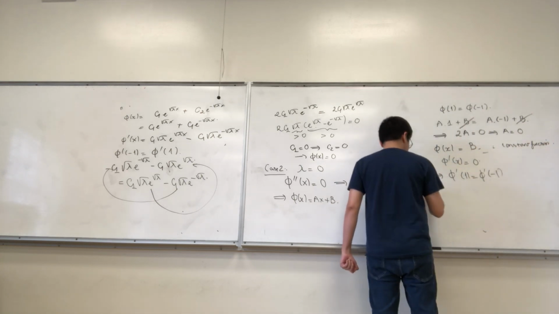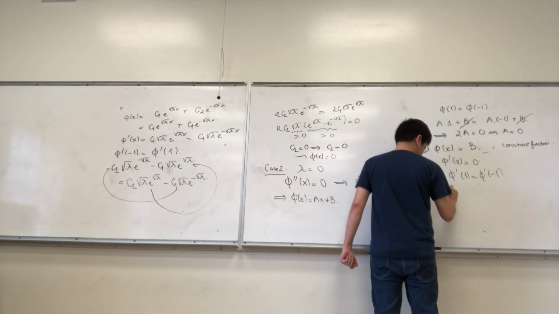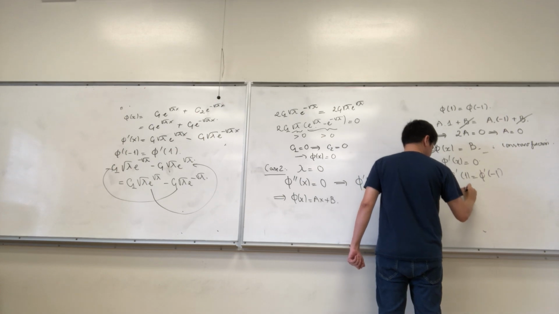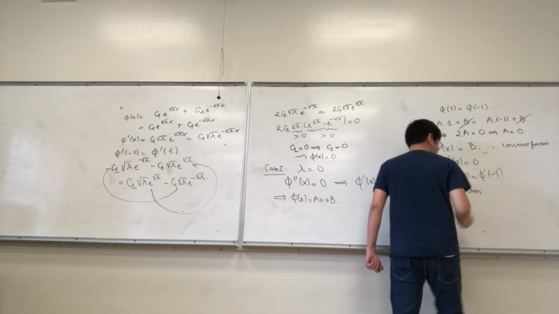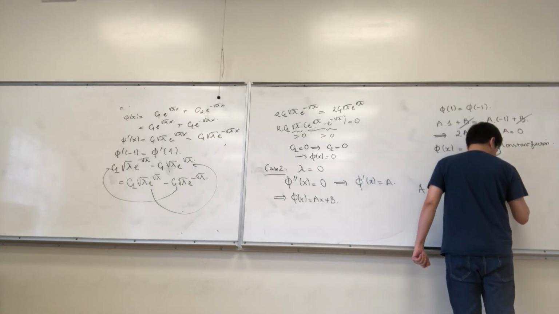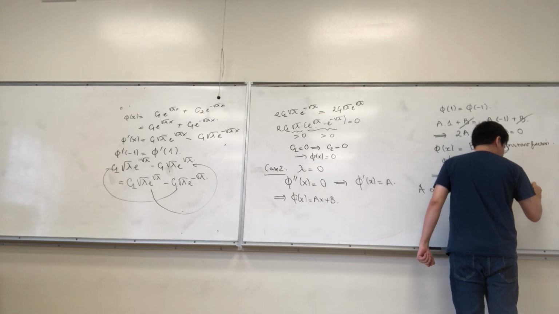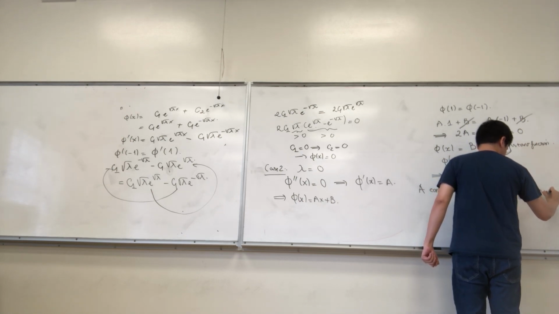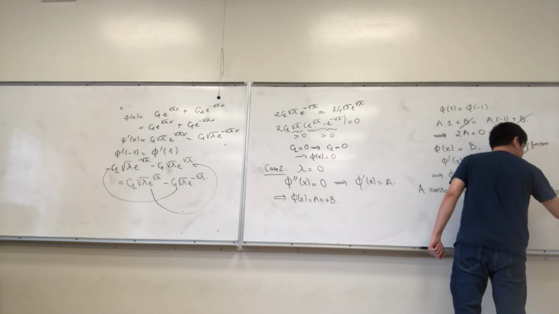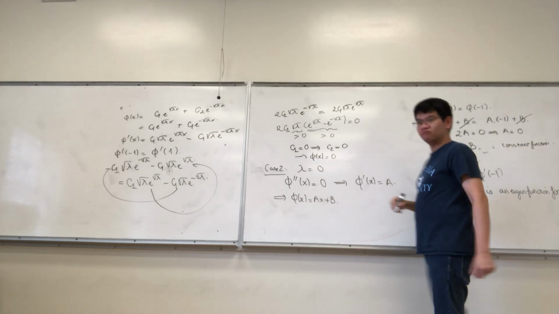So a constant function is an eigenfunction for lambda equal to 0.